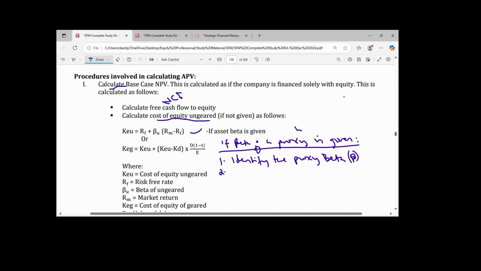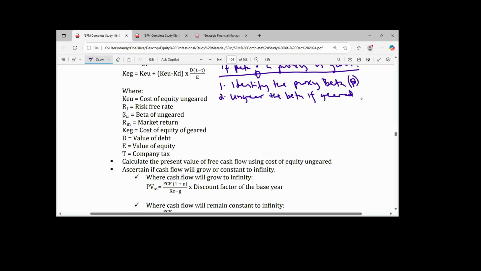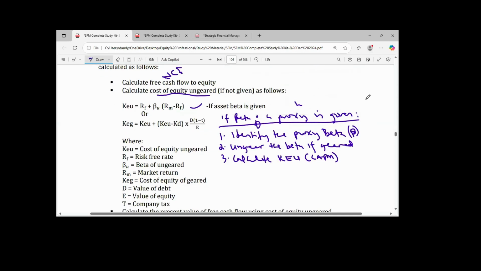Then step 2, you ungear the beta if it is geared. You already know how to ungear it. Then step 3, you calculate cost of equity ungeared, that is CAPM. So these are the 3 procedures that you are going to carry out if beta of a proxy is given to you.